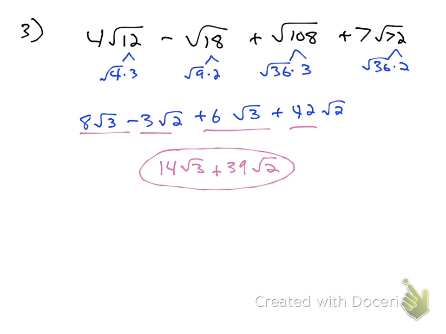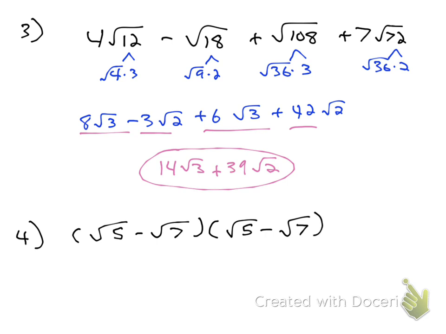All right, number 4. We got square root of 5 minus square root of 7 times square root of 5 minus square root of 7. First would be 5.